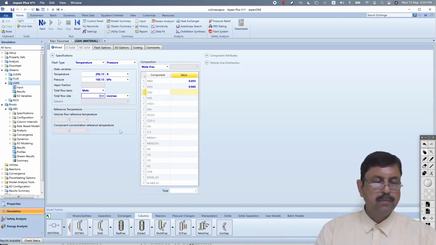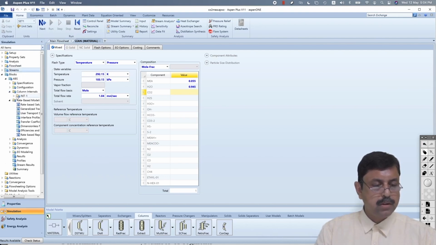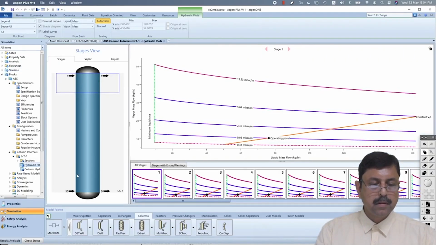Then try with 1.04, the original figure. Okay, this time it has converged. Column hydraulics may not support our, okay, to some extent it is running.